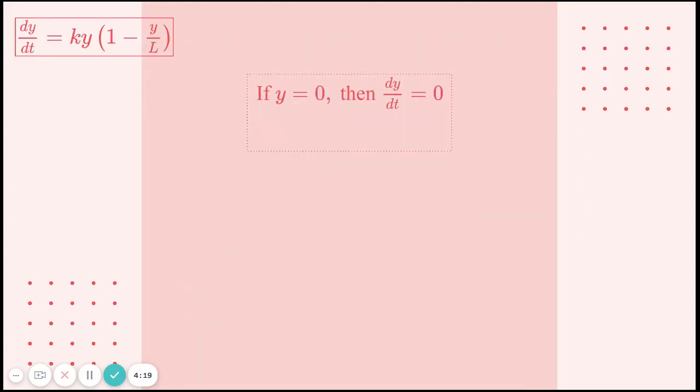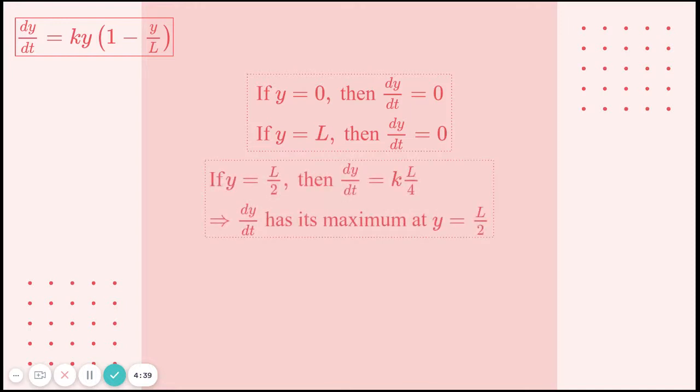If we plug y equals 0 into dy/dt, k times 0 would be 0. So dy/dt is equal to 0. If we plug L in for y, 1 minus L over L would be 0. So dy/dt is also 0. When plugging in L over 2 for y, we would get a positive value of k times L over 4.